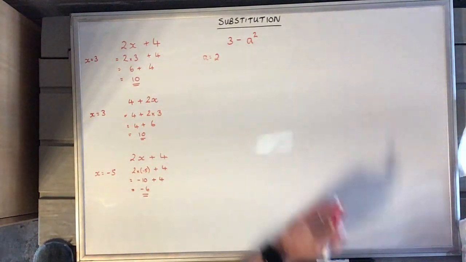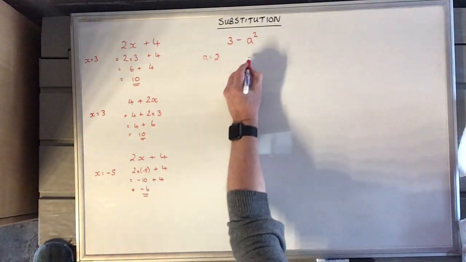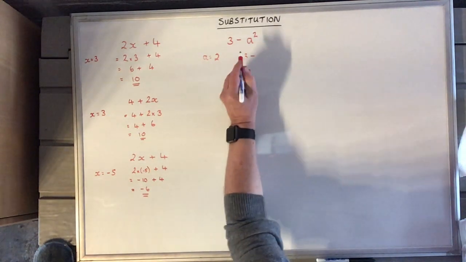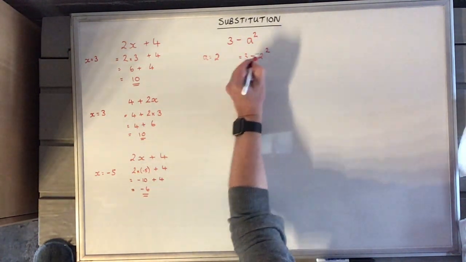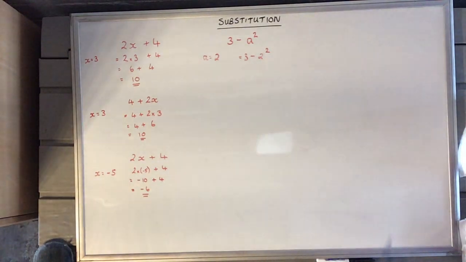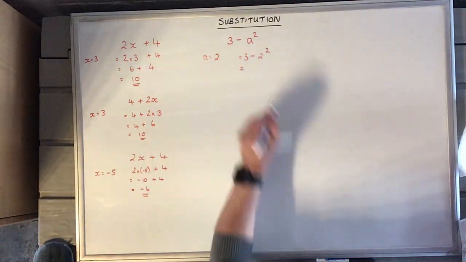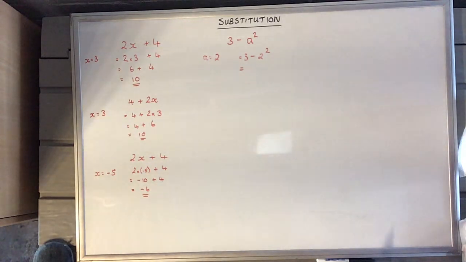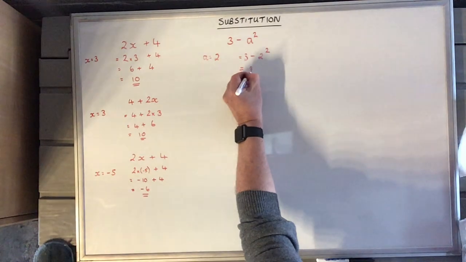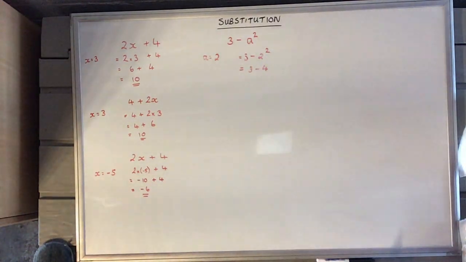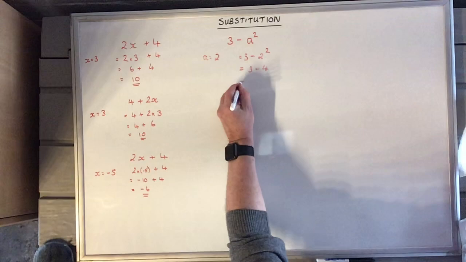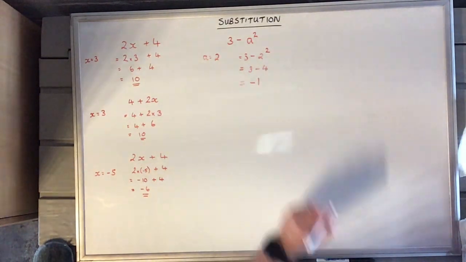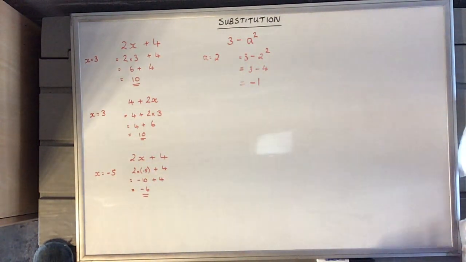So what would this expression be? Well, that would be equal to 3 minus 2 squared. Now again, order of operation, you must do your power first, so 2 to the power 2 is going to give me 3 minus 4, and 3 minus 4, well again that's your negative numbers, equals minus 1. Okay, so that's a wee bit harder this time because we've got a power in it.